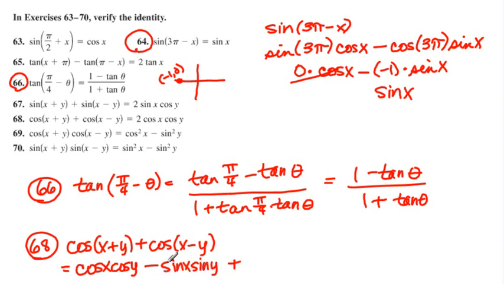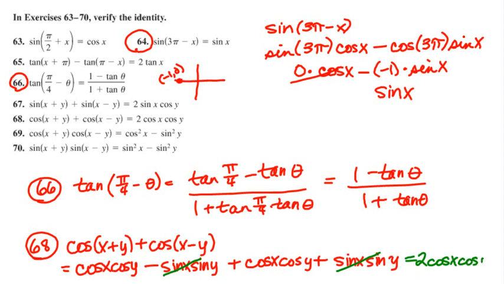And then we expand the cosine of x minus y to get cosine x cosine y plus sine x sine y. Well, fortunately, the sine x sine y cancels out, and we're just left with cosine x cosine y plus cosine x cosine y, like terms which add to 2 cosine x cosine y, and that's it.